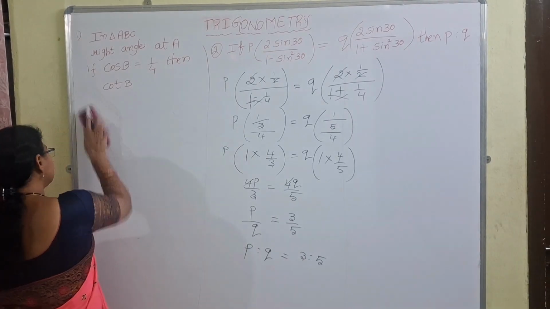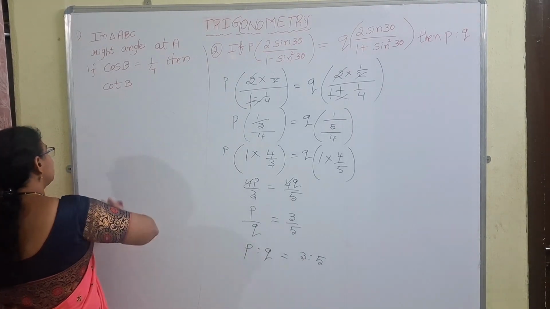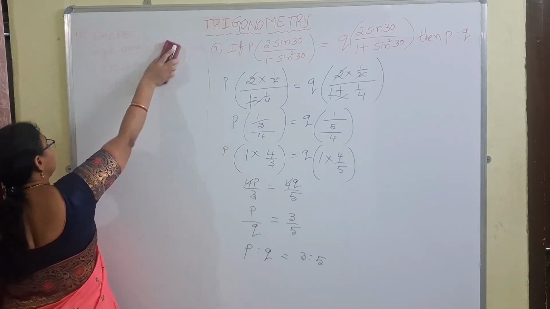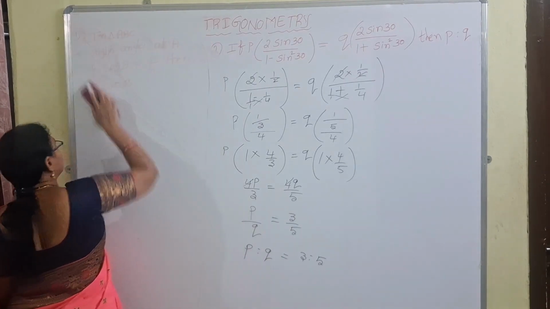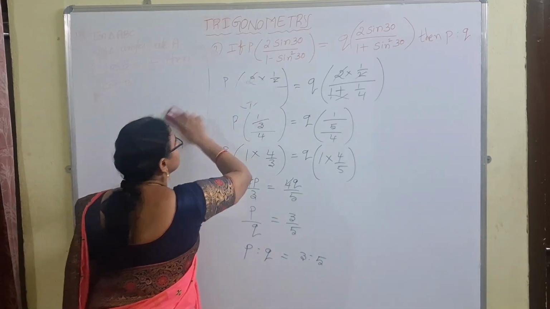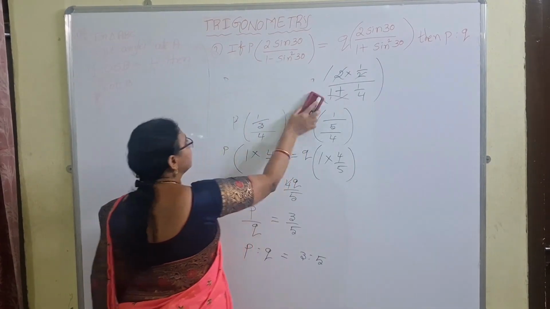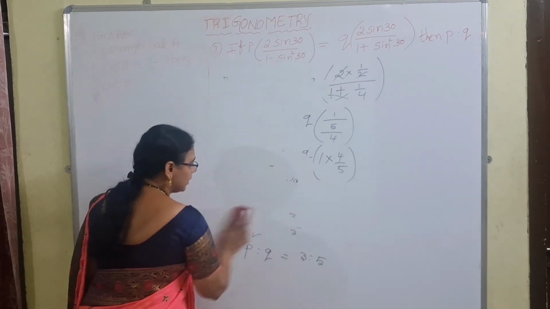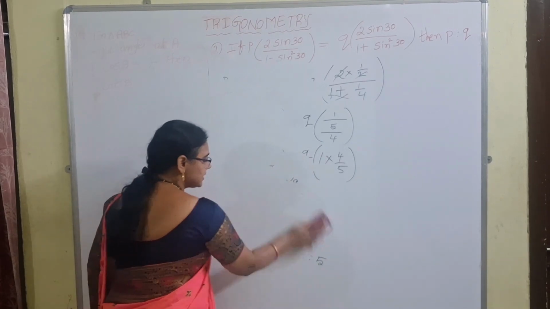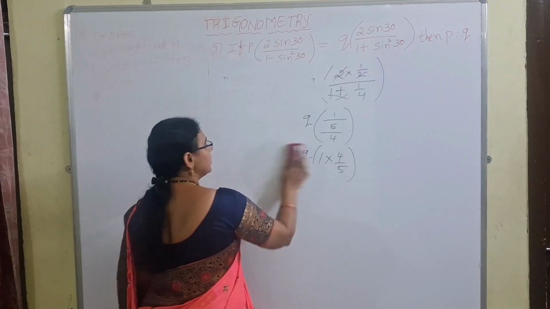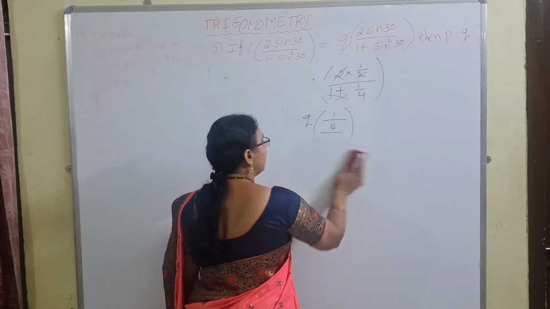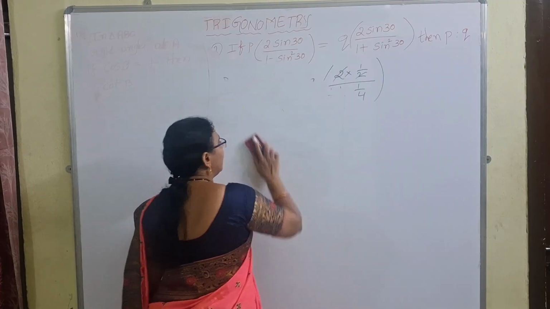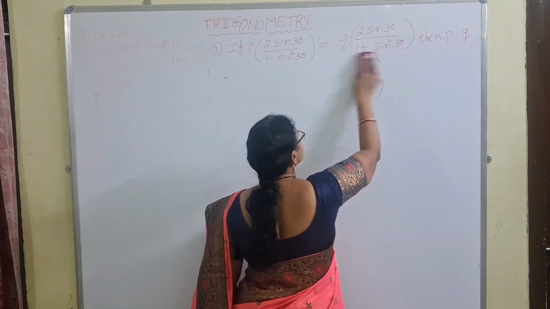Sin theta is opposite side by hypotenuse. Cos theta is adjacent side by hypotenuse. Tan theta is opposite side by adjacent side.